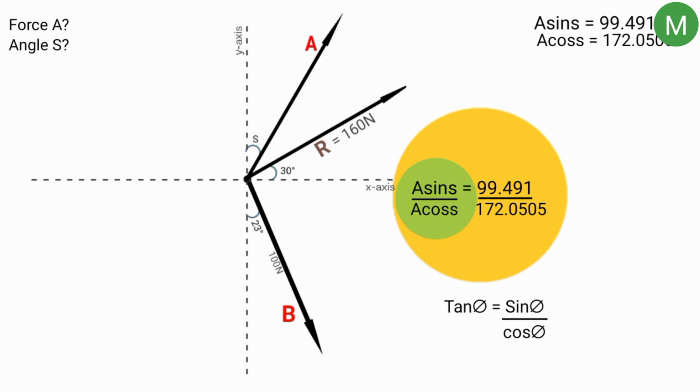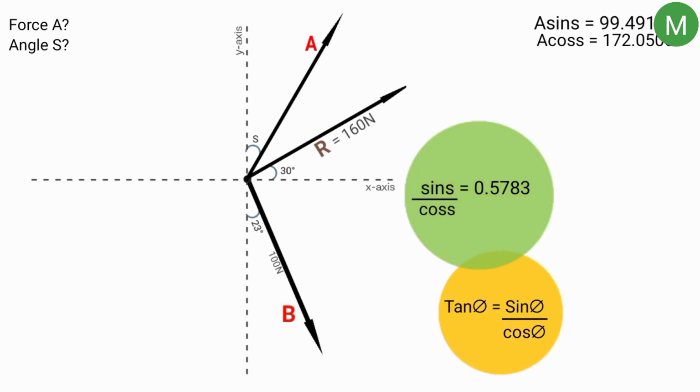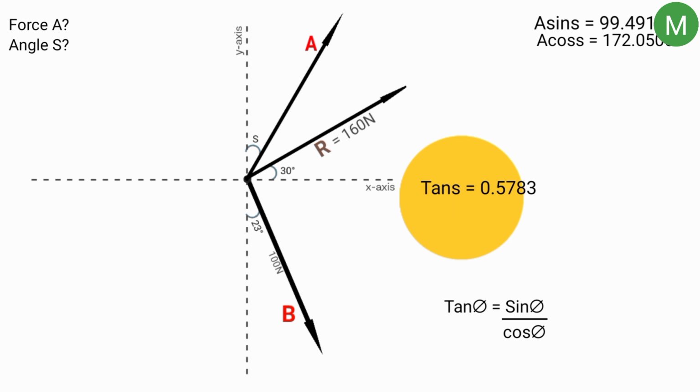Here A cancels A, and 99.491 over 172.0505 equals 0.5783. So sin S over cos S equals 0.5783. From this identity here, we can substitute that sin S over cos S equals tan S. So now tan S equals 0.5783.